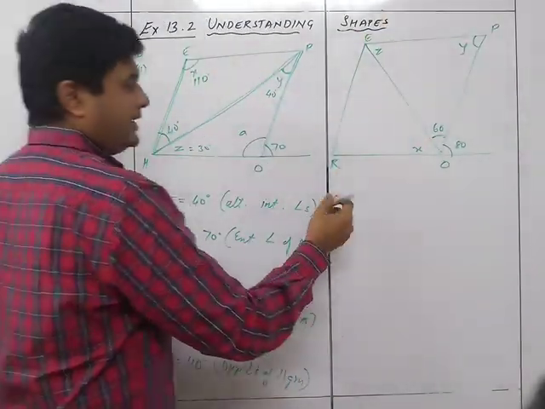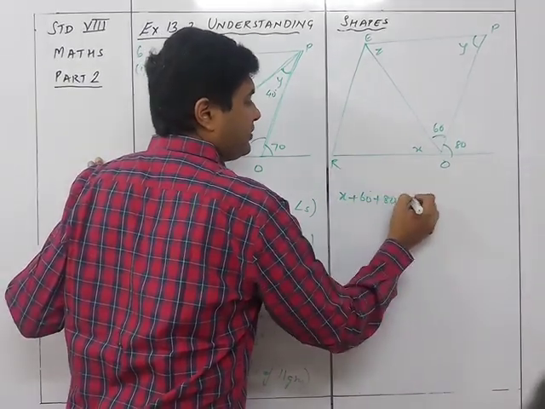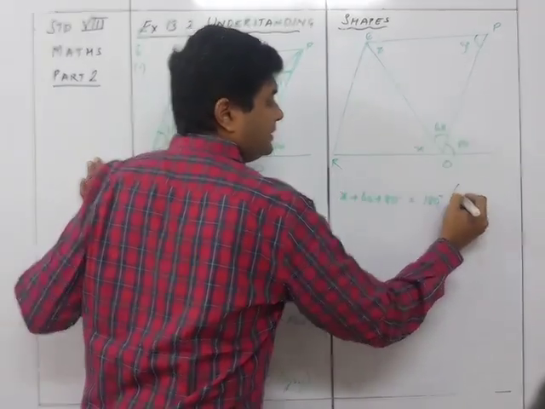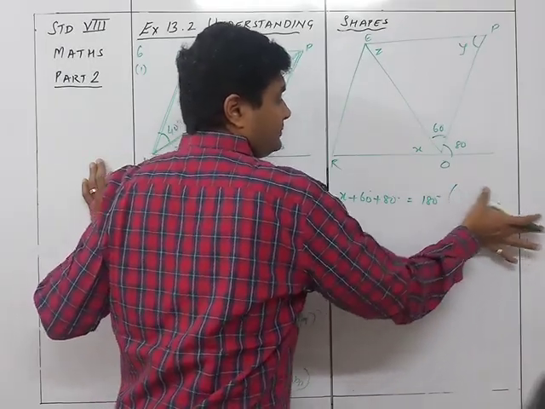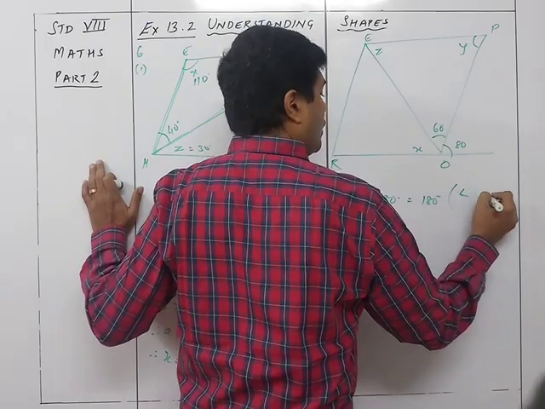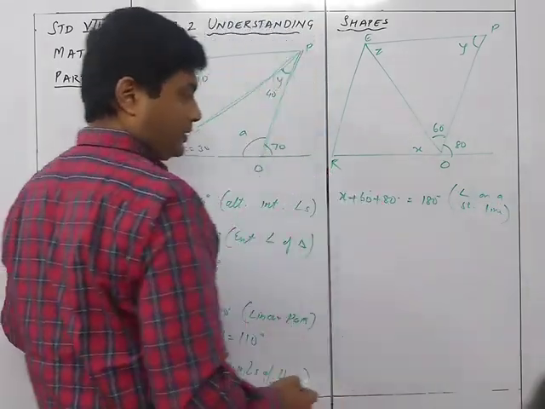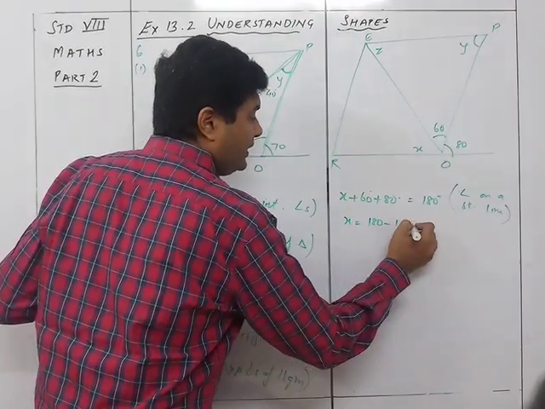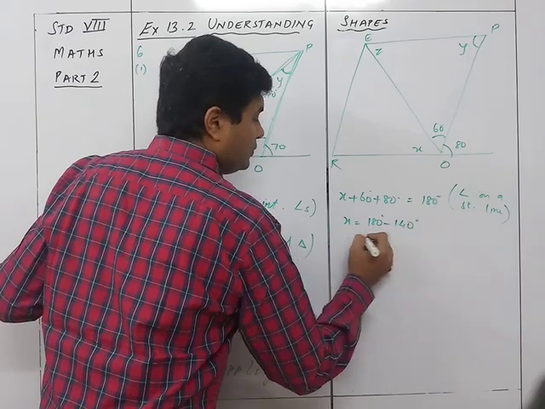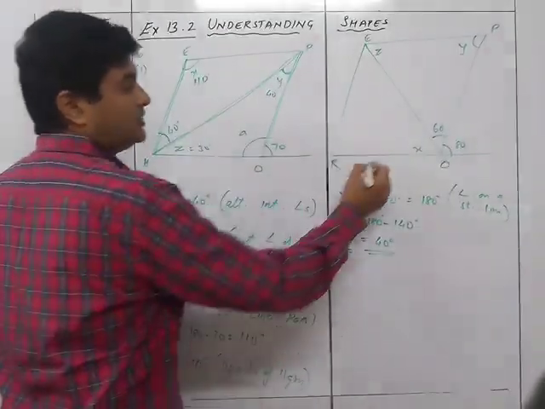Very easy. First one is X plus 60 plus 80 is equal to 180 degrees, angle on a straight line. Therefore, X is equal to 180 minus 140 is equal to 40 degrees. So this is 40.